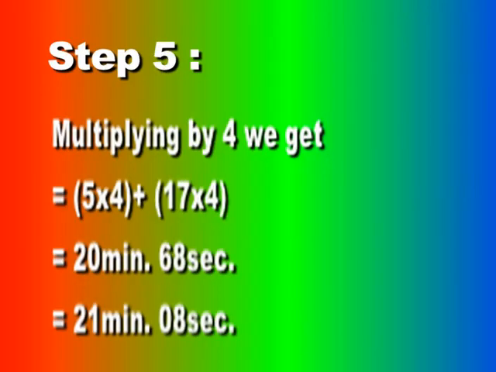As we told you, every 1 degree of longitude is 4 minutes. So we have to multiply 5 by 4 plus 17 minutes by 4, which comes to 20 minutes and 68 seconds. So 68 seconds is 1 minute and 8 seconds. So it becomes 21 minutes and 8 seconds.